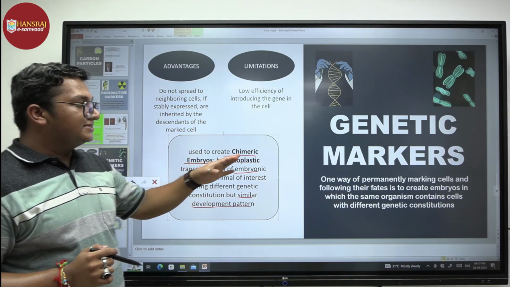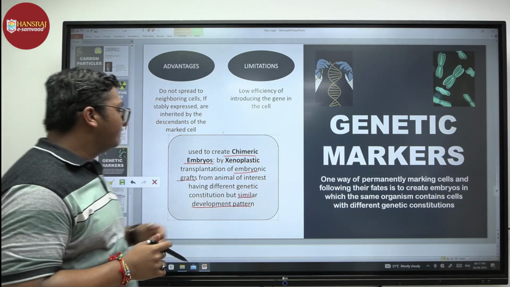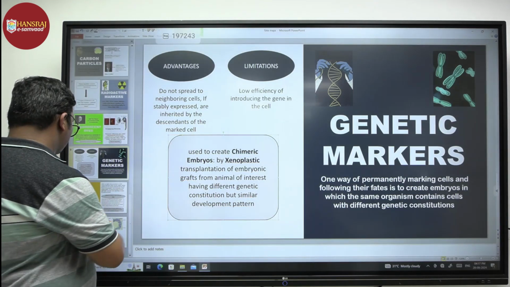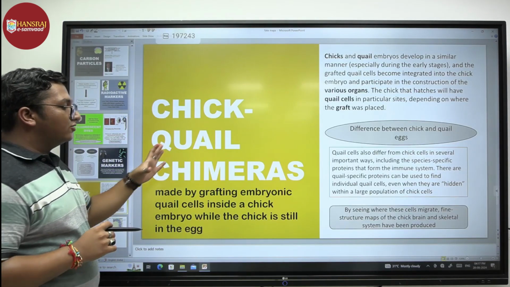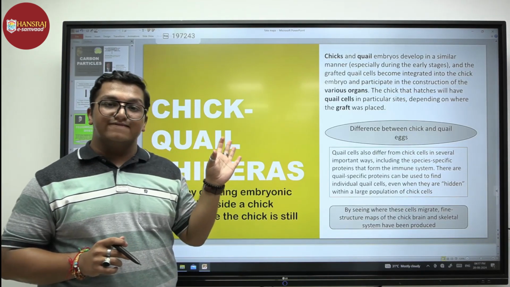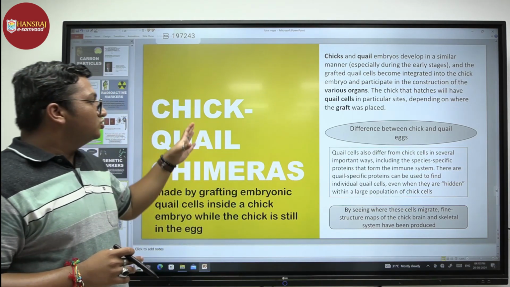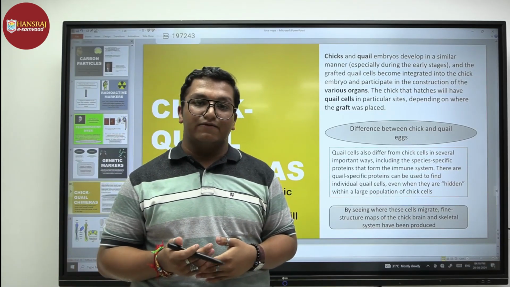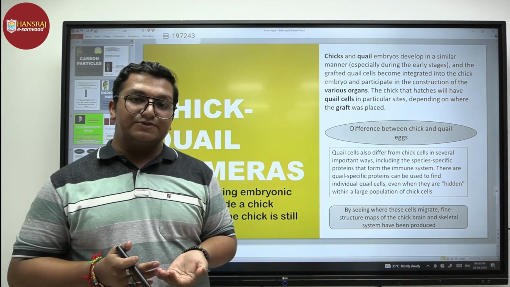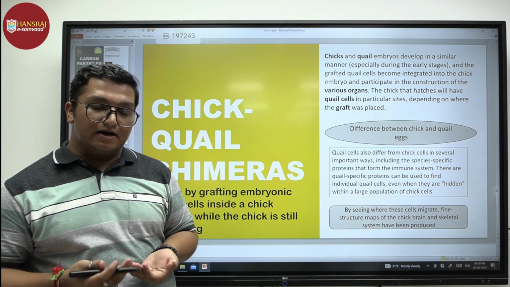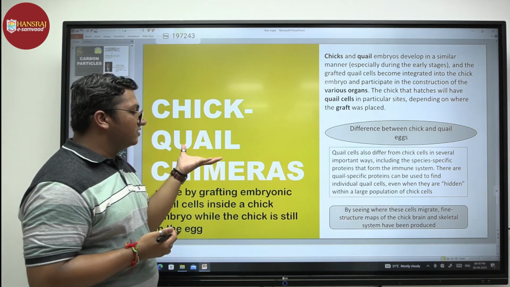So by this genetic markers method, we have created chick and quail chimeras. As you all have studied about the developmental stages of chick in your previous classes, chick, as we already know, and quail is also a similar kind of a bird, which is of different species but has similar developmental stages as chick.